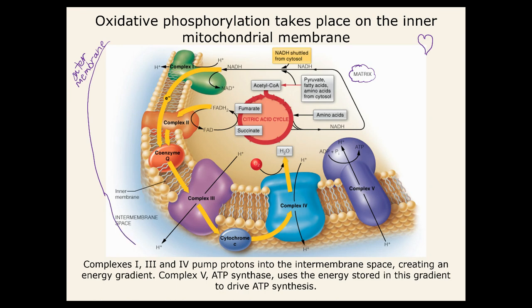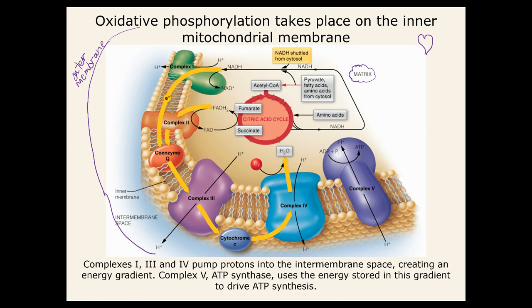So here where it says intermembrane space, here's the outer membrane that's not shown in this picture. So this is focusing exclusively on the inner membrane of the mitochondria. Notice all these integral proteins. So you have complex 1 up here at the top in green. That is an inner membrane protein, integral protein.